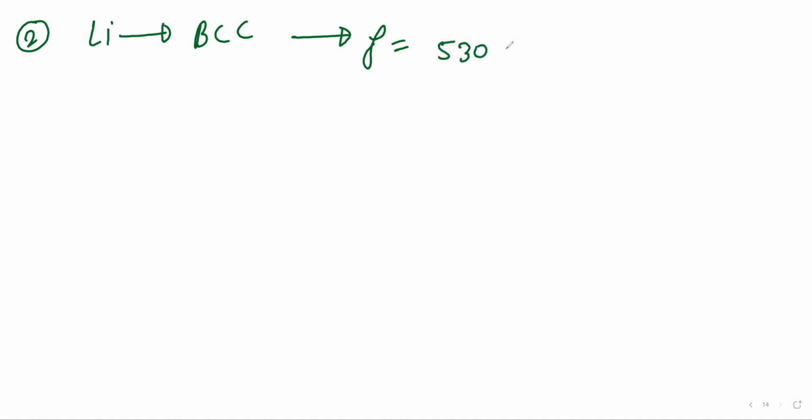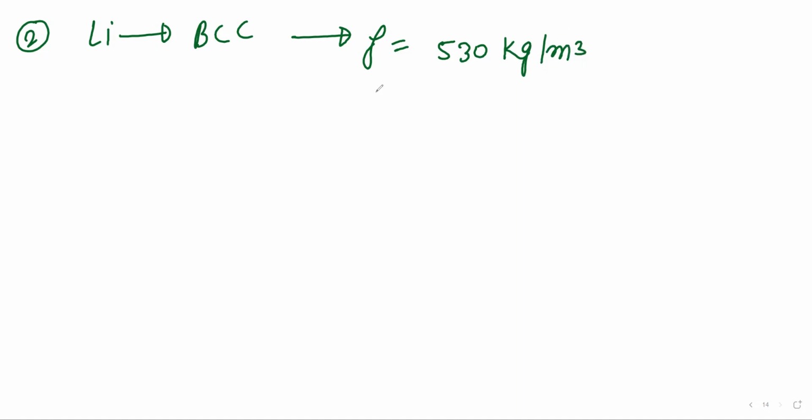Now see the second sum. It is asked in 2016. Lithium has BCC structure, body centered cubic. Density is given. For BCC, density is 530 kg per meter cube, right?